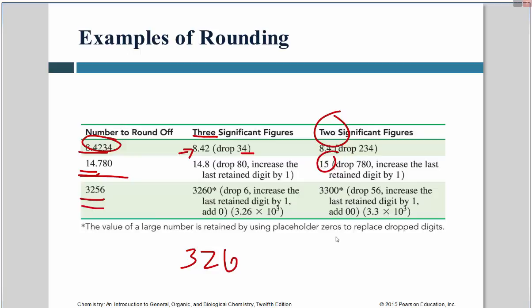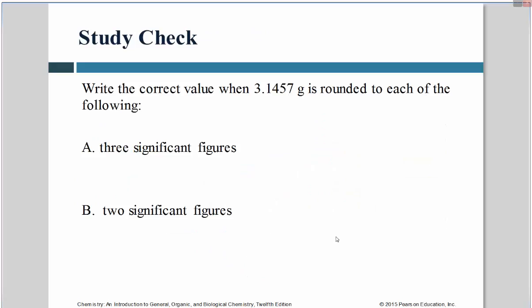We add another 0 there to make that number bigger. So 3,256 is rounded up to 3,260. I hope that you see the difference in those. That 0 at the end here, there's no decimal point, so that 0 doesn't count, so you still have 3 significant figures here.